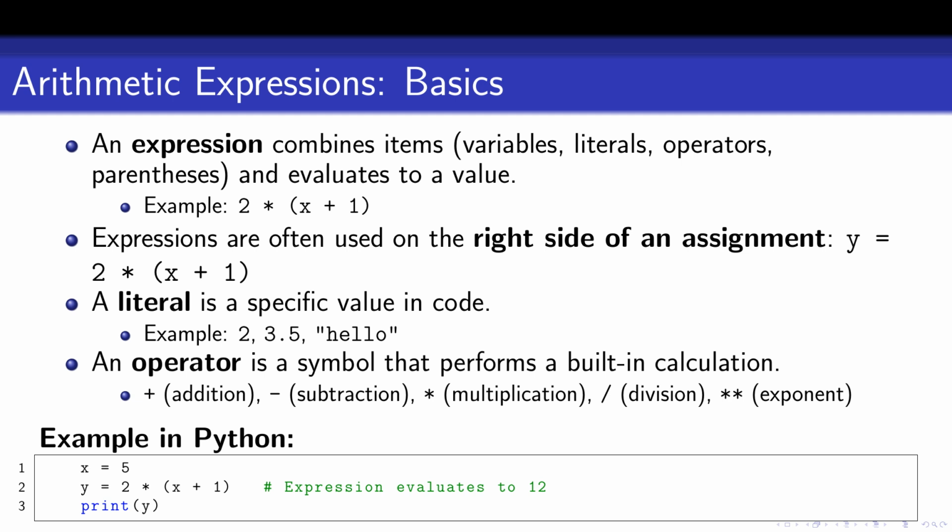Literals, like the number 2 or the string hello, are specific values written directly in the code. Operators such as plus, minus, multiplication, division, or exponentiation tell Python what operation to perform. Understanding how to combine these components is essential because nearly every program relies on expressions to calculate, manipulate, and produce meaningful results.